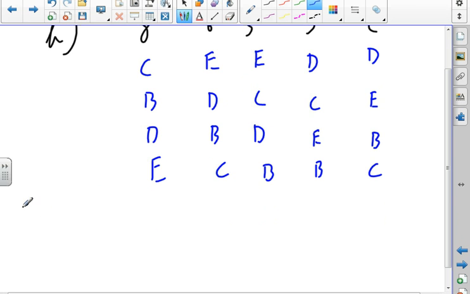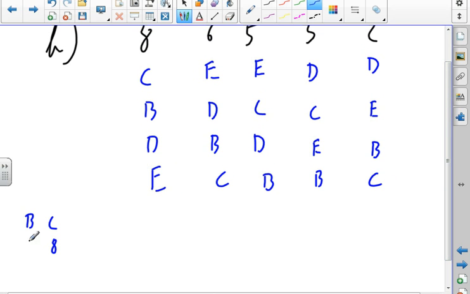All right, I'm going to go B versus C. C gets 8. Is that a 6? Yeah, that's a 6. I wrote that too big, didn't I? B versus C. C gets 5. So C gets 1 vote.